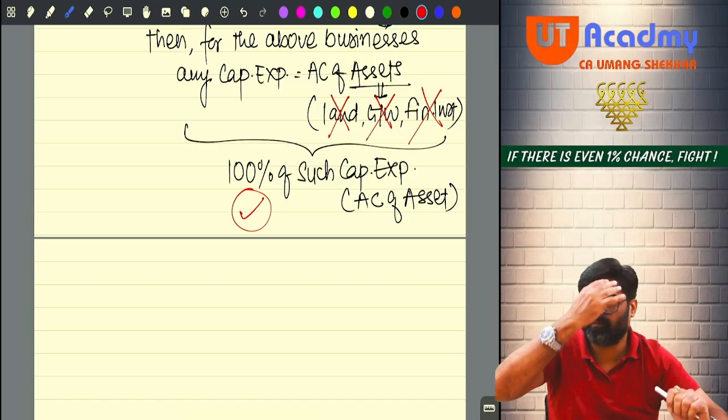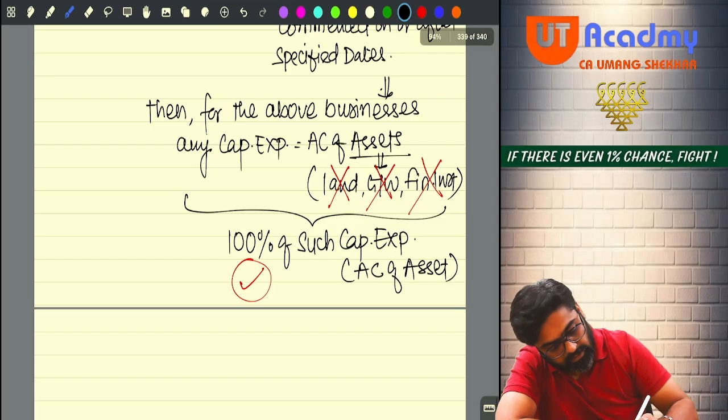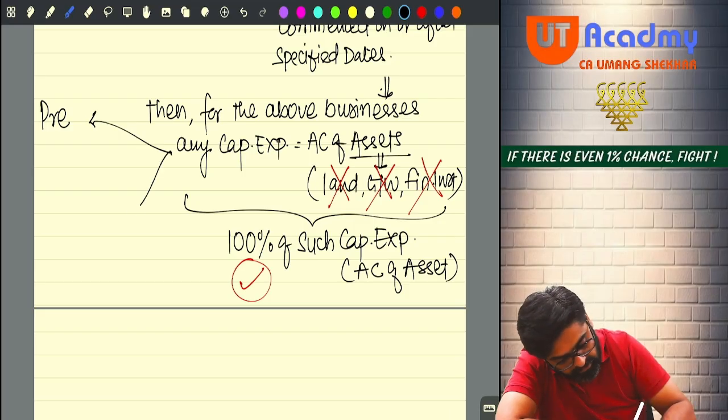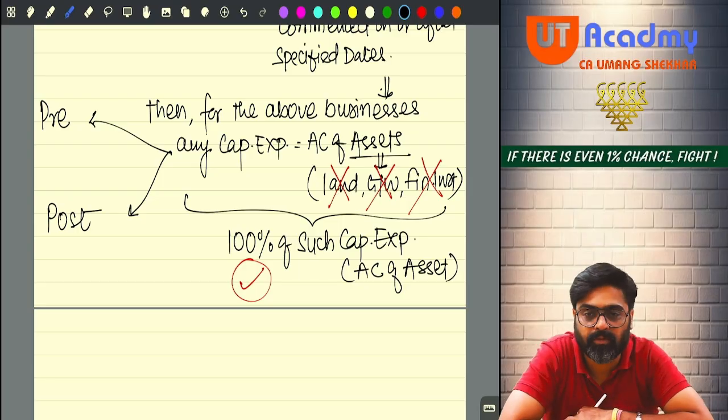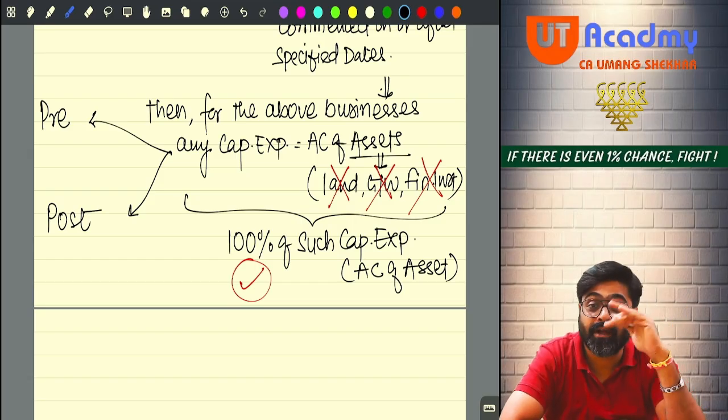under this section, whether this capital expenditure is done prior to commencement of business or after the commencement of business will not make any difference. Sir, prior to commencement of business within how much time?